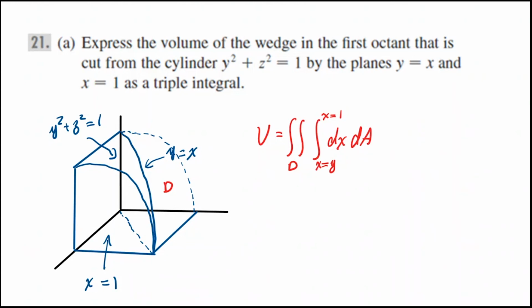Okay, let's evaluate that. So this is just a double integral over D. You just pick up x, and then this becomes 1 minus y, doesn't it? You with me? And after that, D is this quarter of a circle region between your y and z, but nothing's stopping us from going polar on this anyway. You know what I'm saying?